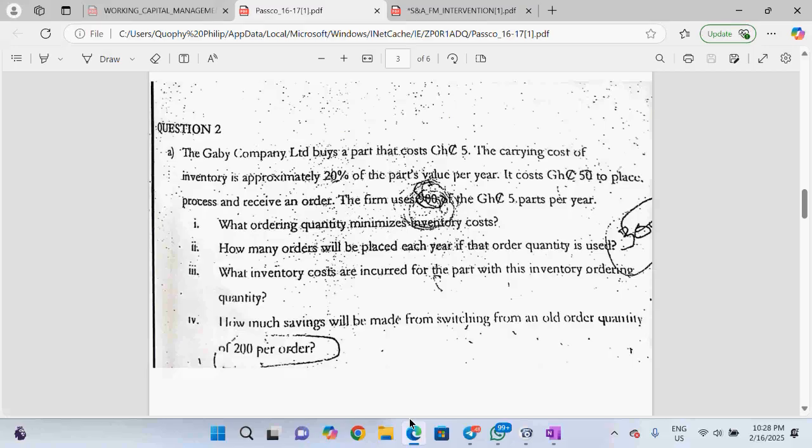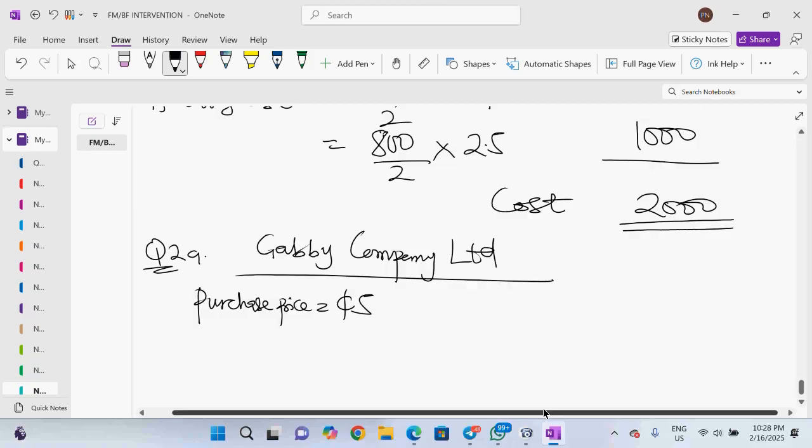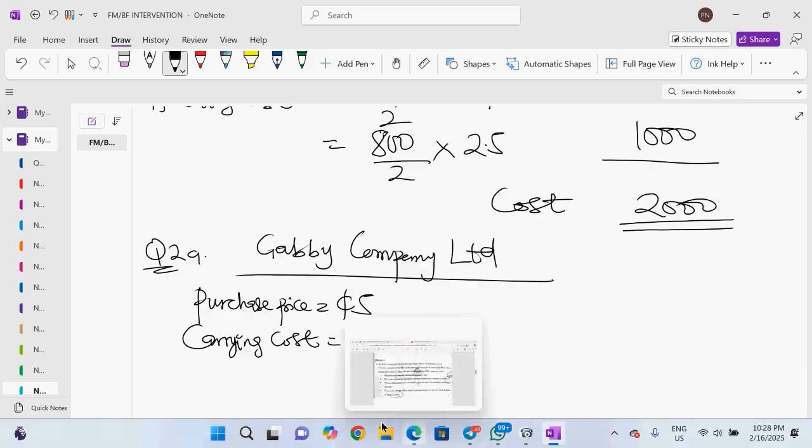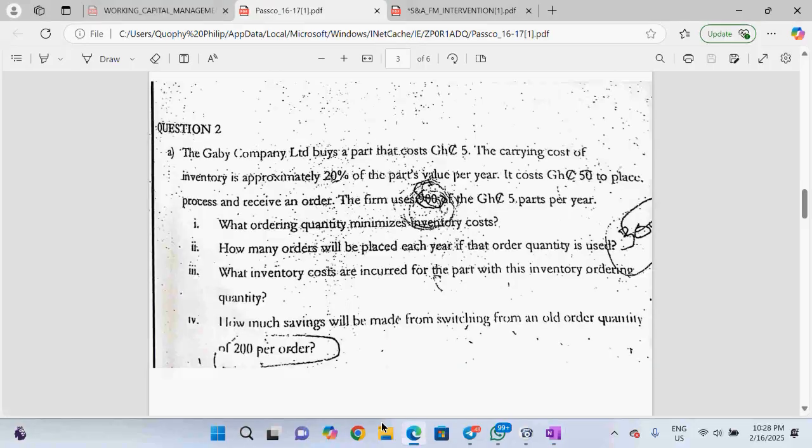So how much is the carrying cost? 20% of the part value.